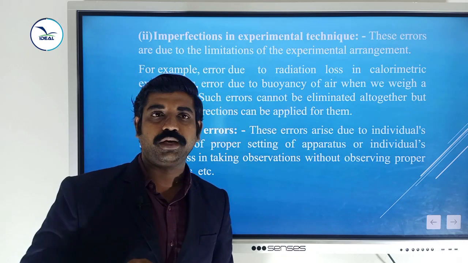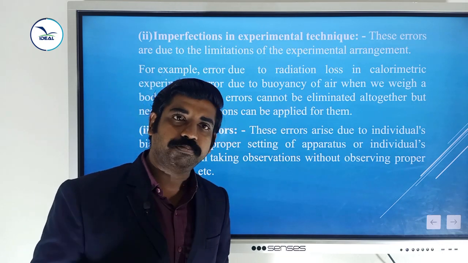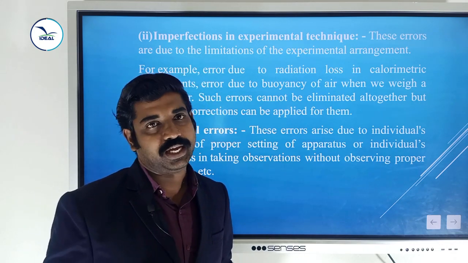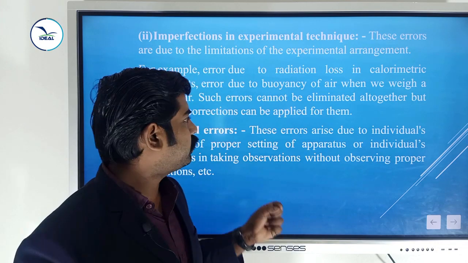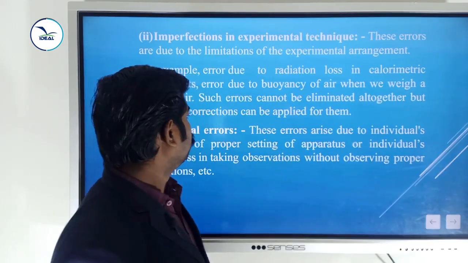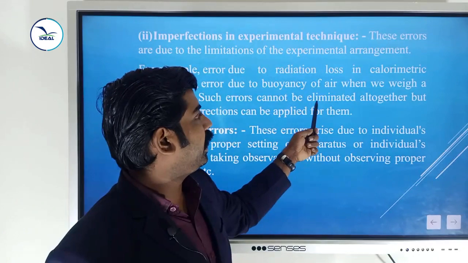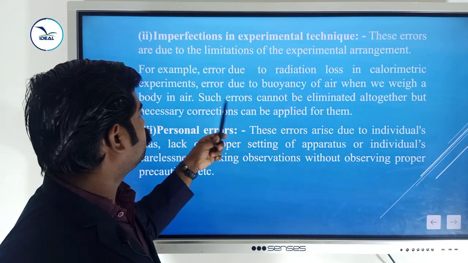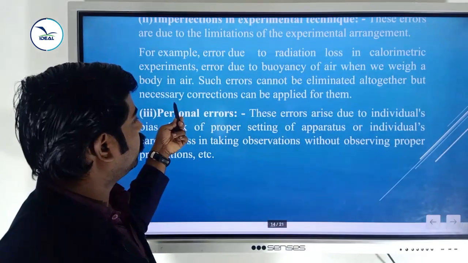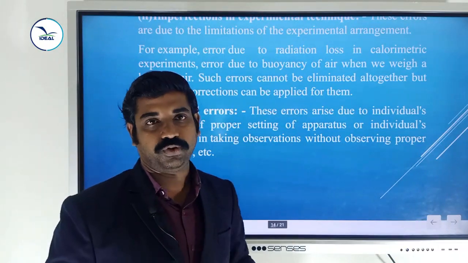If you are taking a weight measurement, there is some buoyancy effect due to the air, so some errors may occur. Such errors cannot be eliminated altogether, but necessary corrections can be applied for them.